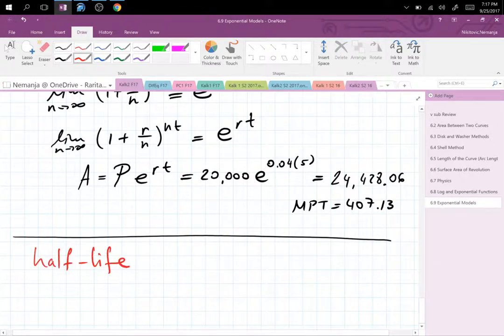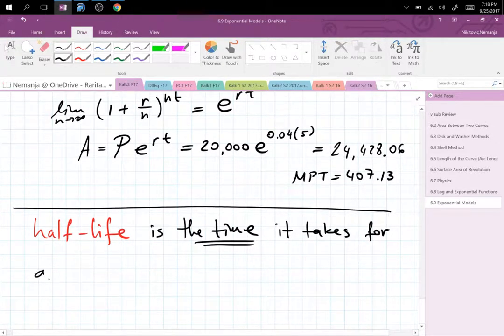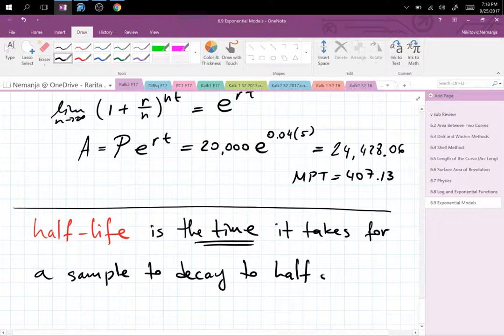So half-life is the time it takes for a sample to decay to half of its original mass.